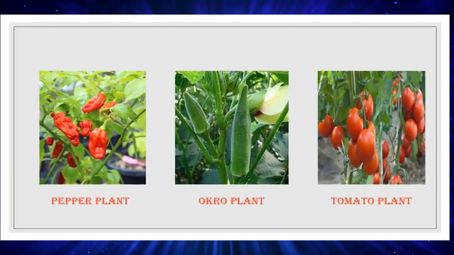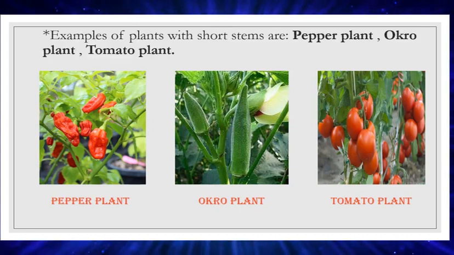Why do you see these pictures? What do you think? Guess, what are these pictures for? Okay, let me teach you what these pictures are. They are examples of plants with short what? Stems.